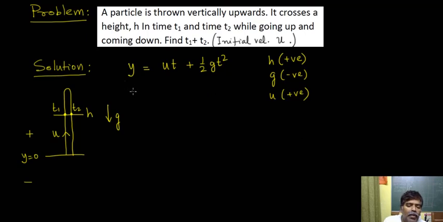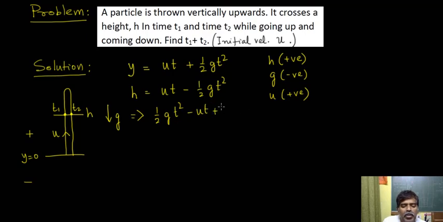So y equals h, u positive, and g negative, so minus half gt square. This is a quadratic equation in t. Bringing everything to one side: half g t square minus ut plus h is equal to 0.